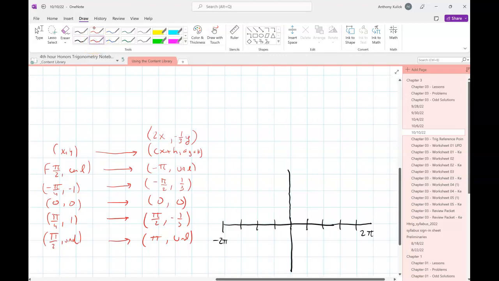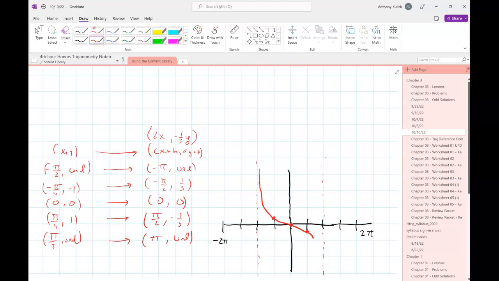So start by drawing in my asymptote here. And I'll draw in my other asymptote over here. And then I have negative pi over 2 and positive 1/3, so maybe right there. And then positive pi over 2 and negative 1/3 right there, and then 0, 0 is in the middle.